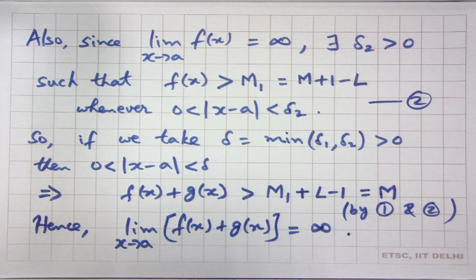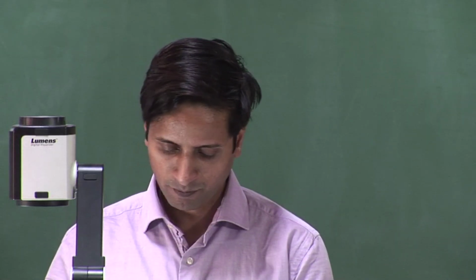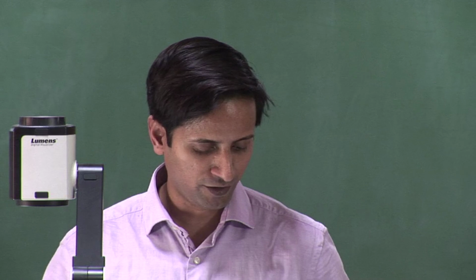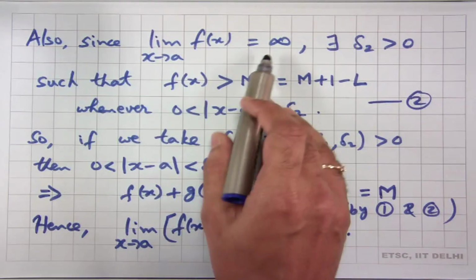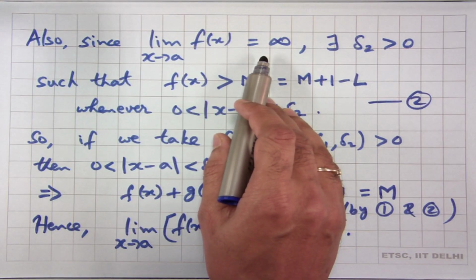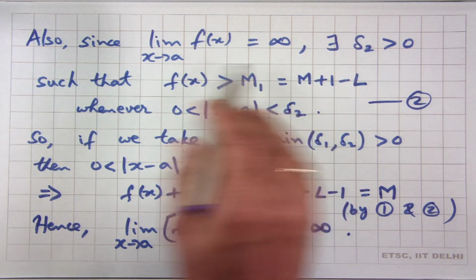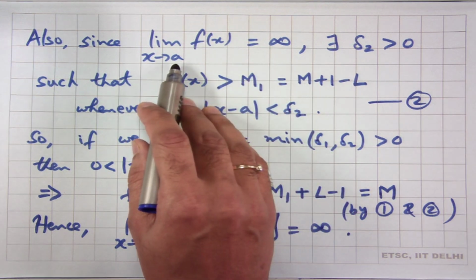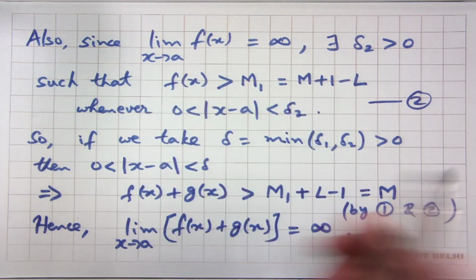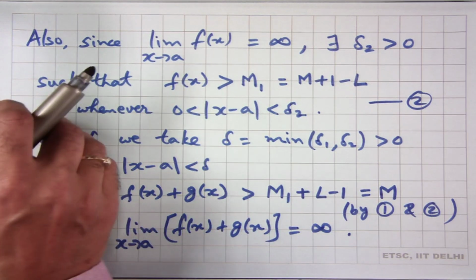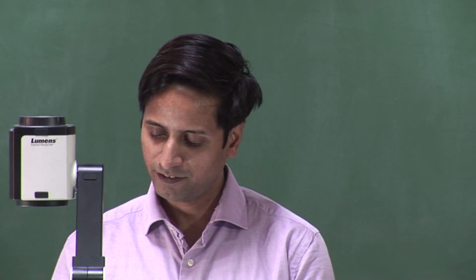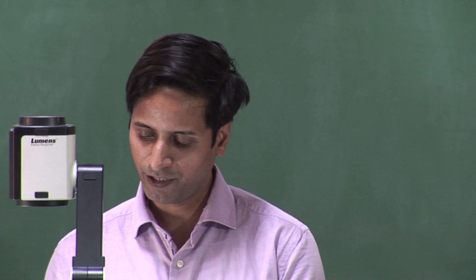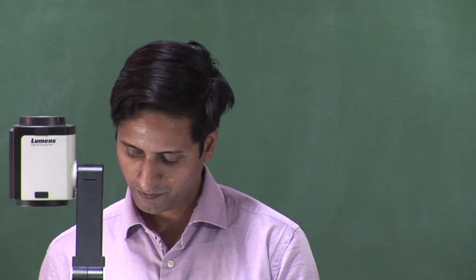This rigorous proof might look a little complicated, but you should understand the idea: if the limit of f x is infinity, you can make f x as large as you want by choosing x sufficiently near a, and because the limit of g of x is finite, that is, near some finite number, the sum can again be made as large as you want.